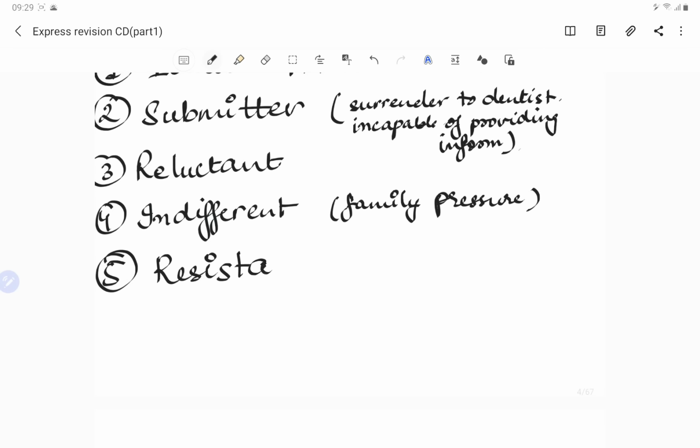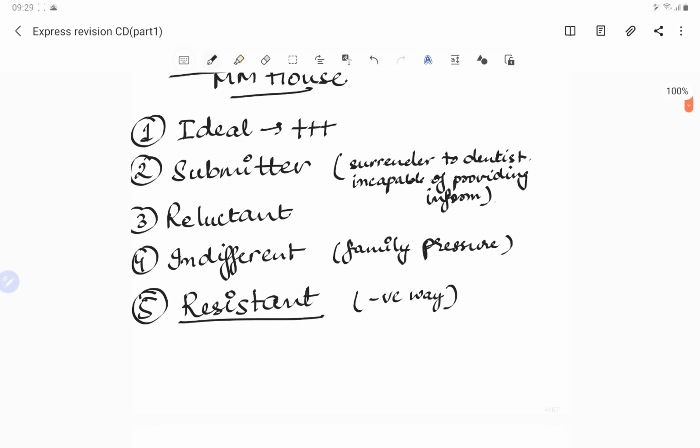The resistant patient will be skeptical of the dentist. Rather than being cooperative, he will be giving challenges to the dentist. He will not be willing for any kind of treatment. In fact, he'll be engaged in the treatment in a negative way. So he'll argue with the dentist. That is the kind of attitude the patient will have.